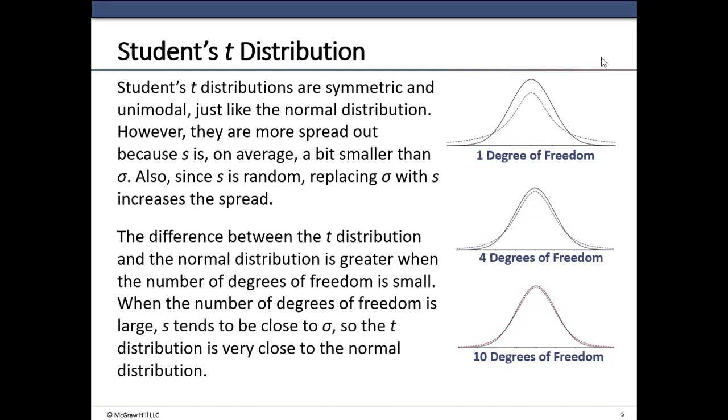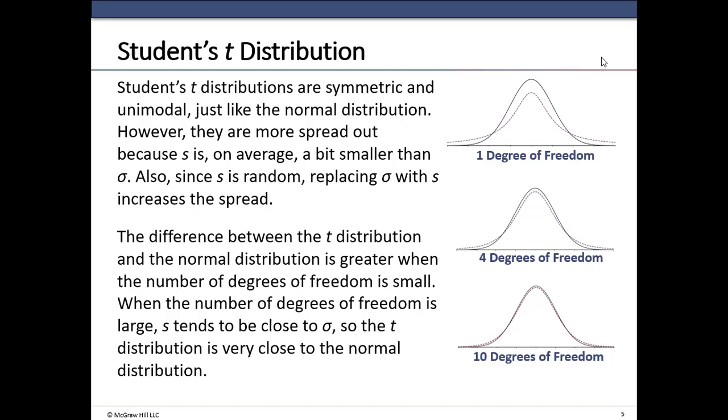They're more spread out because S is on the average a bit smaller than sigma. Also, since S is random, replacing sigma with S increases the spread. The difference between the t distribution and the normal distribution is greater when the number of degrees of freedom is small. So, like in the case of 1 degree of freedom, and look at the 4 degrees of freedom, the dashed curve is approaching the solid bell-shaped curve, which is the z distribution.